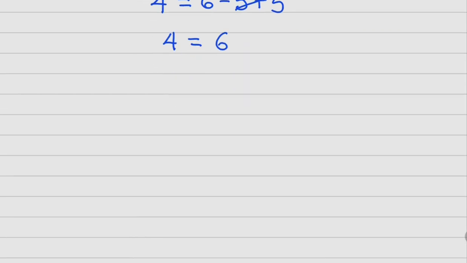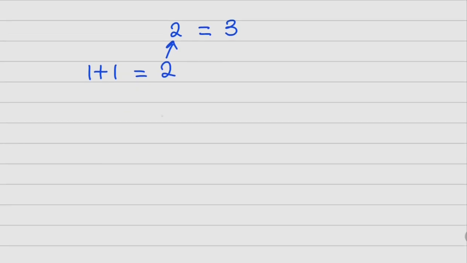Now, if I decide to divide both sides by 2, do you know what I'll have? I'll have 2 is equal to 3. Remember, conventionally, 1 plus 1 is equal to what? 2. So I'll substitute these 2 so that I have 1 plus 1 is equal to 3.